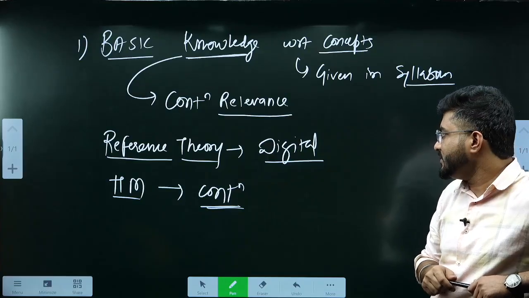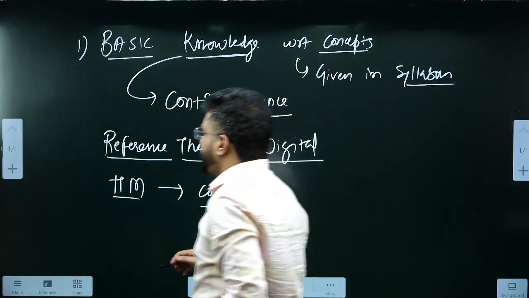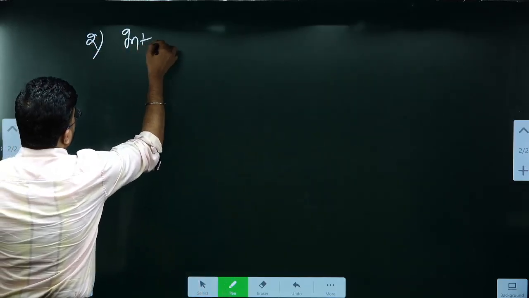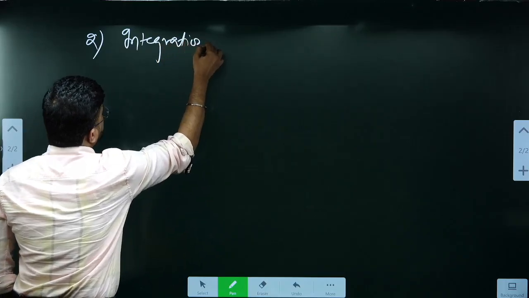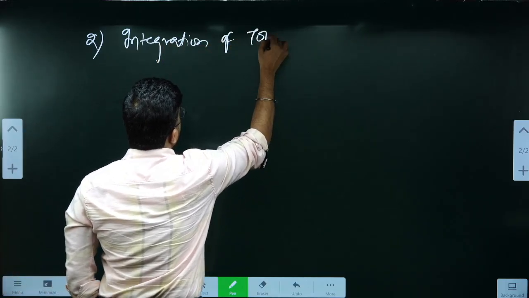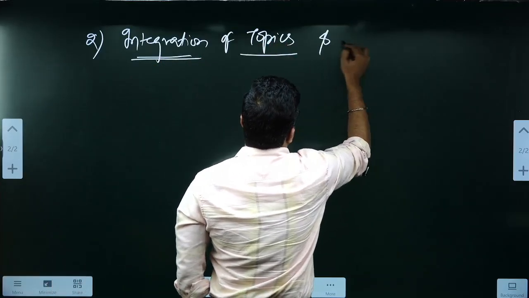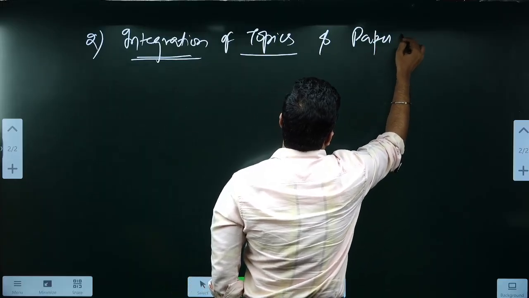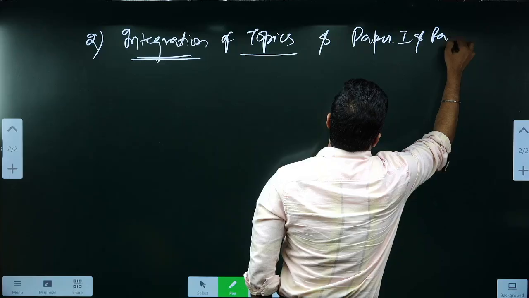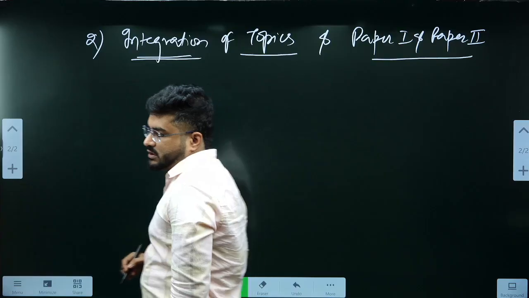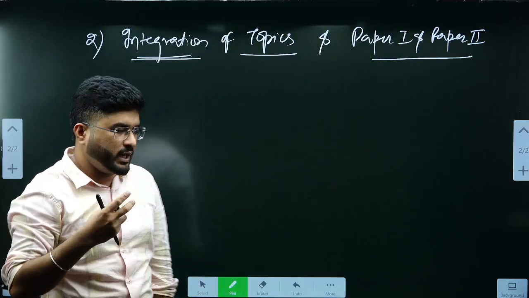Okay, then the next major emphasis of UPSC is on integration of different topics as well as both the papers. Okay, that how you are going to integrate different concepts.